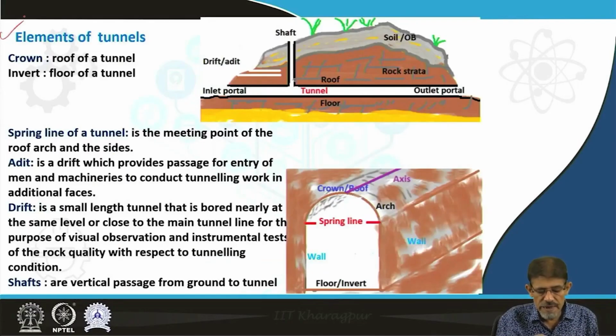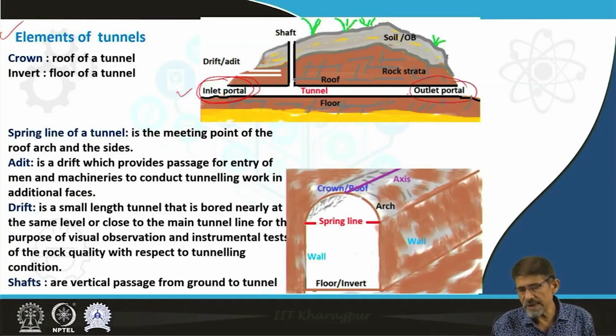As far as elements of tunnels are concerned, you can see this is the horizontal view of the tunnel. This opening at one end is recognized as the inlet portal, and on the other side the exit is recognized as the outlet portal.